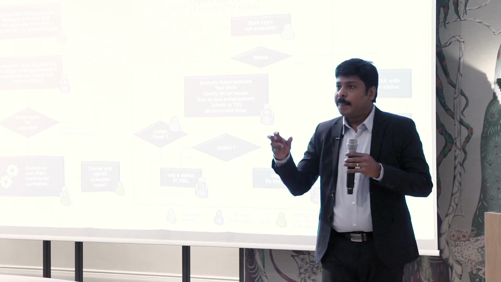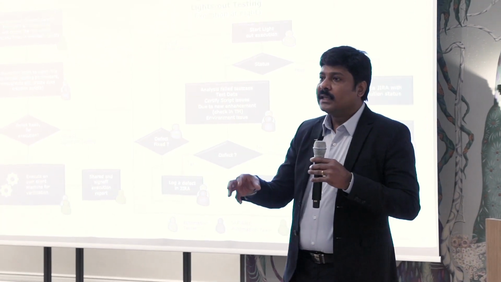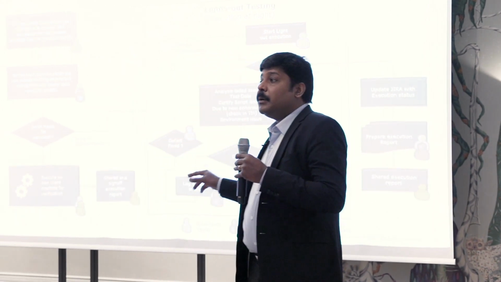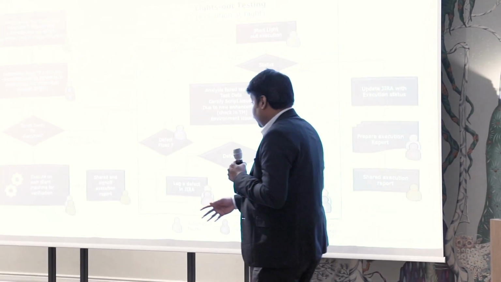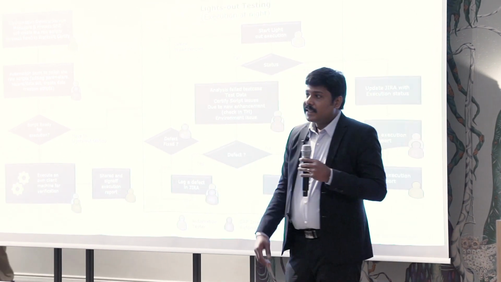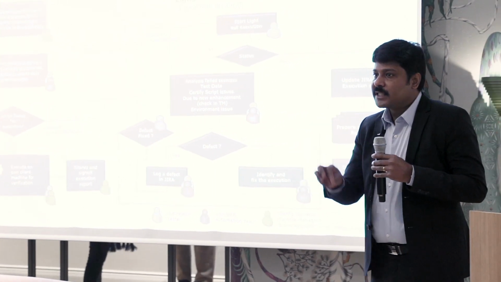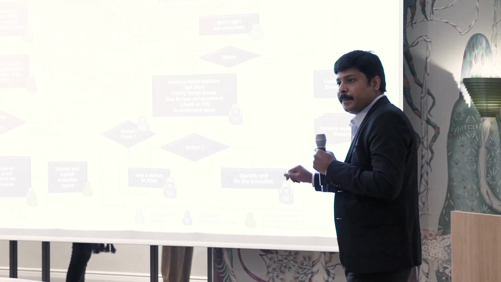No need to enter everything or attach all the screenshots or test data. It will go automatically. Then the question: why will our SME or the automation tester be there? To assign it to a specific resource.